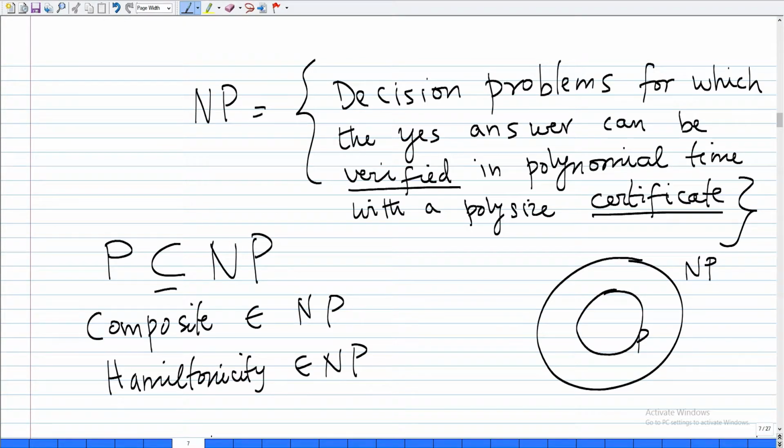Now, since you can test whether a number is prime in polynomial time, in fact, compositeness is also in polynomial time, right? Why? If it is not prime, it is composite, right. So, here is an interesting observation.